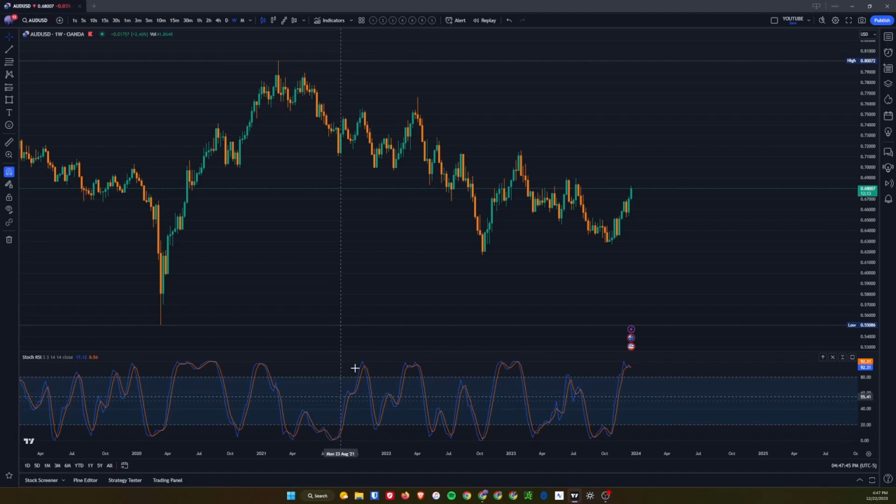Oversold, overbought, came back up. Oversold, overbought, came back up, and you can see it's a pattern that keeps repeating itself. It's oversold, overbought, comes back down. So every time it hits these overbought or oversold levels, it tends to reverse.